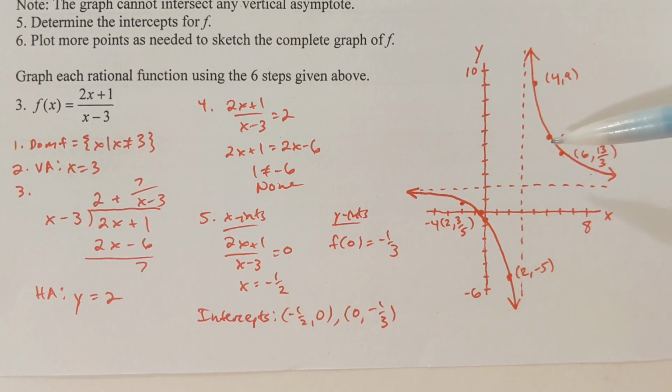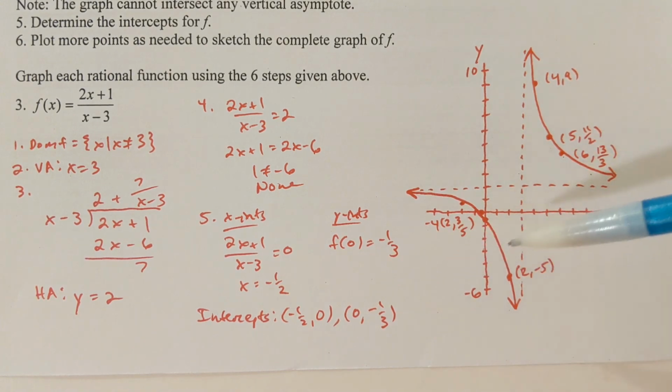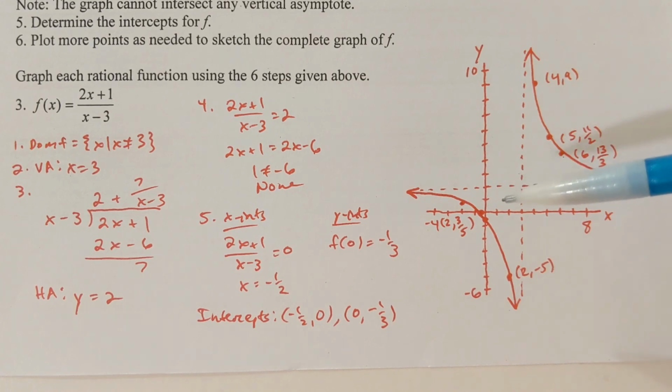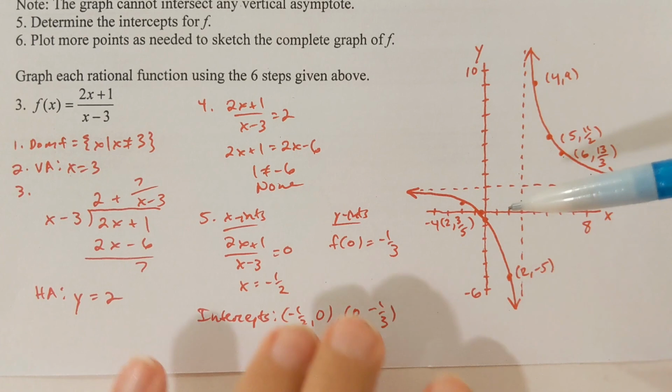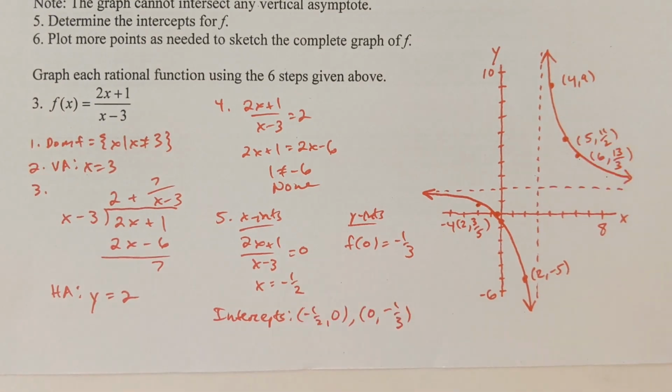All you need is 1 point up here to know that the entire rest of the graph is in the upper right-hand region. I shouldn't need a ton of points, like I said, but the more points that you have, the more accurate the graph will be. So consider that. We'll stop right here then.